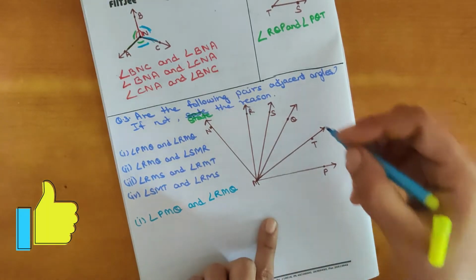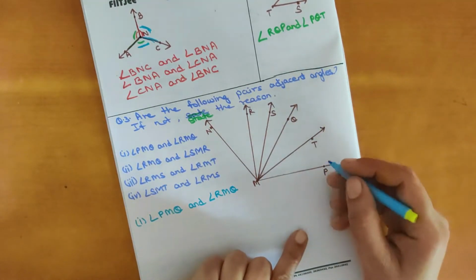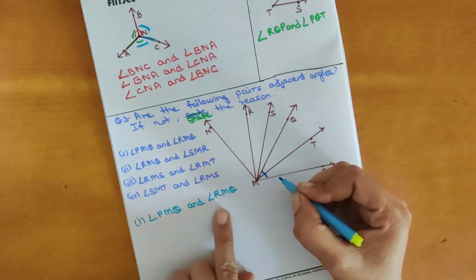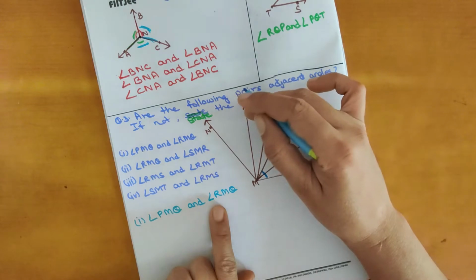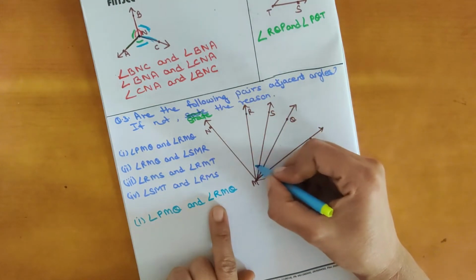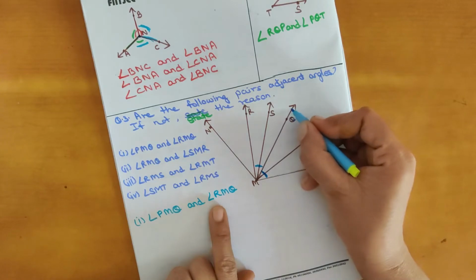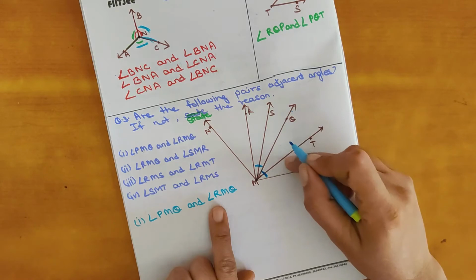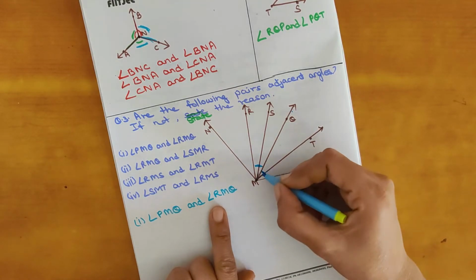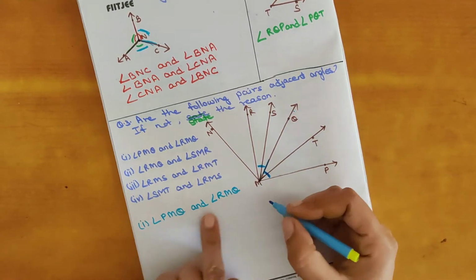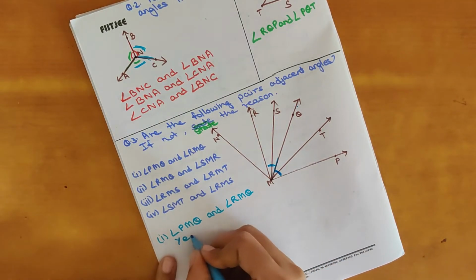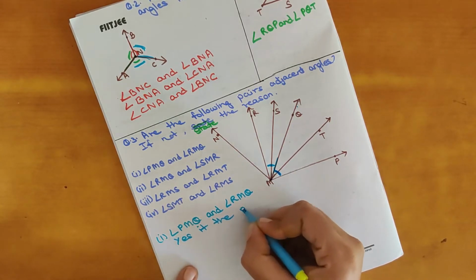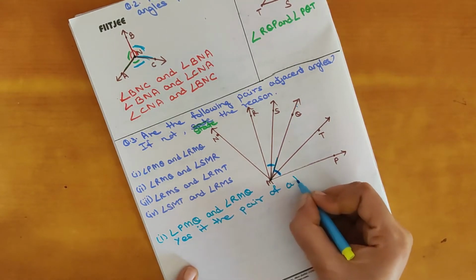Angle PMQ means this angle, and angle RMQ means this. So we got common arm MQ, the common vertex M, and their interiors are opposite. You can see this is common and the interiors are separate. So yes, it is a pair of adjacent angles.